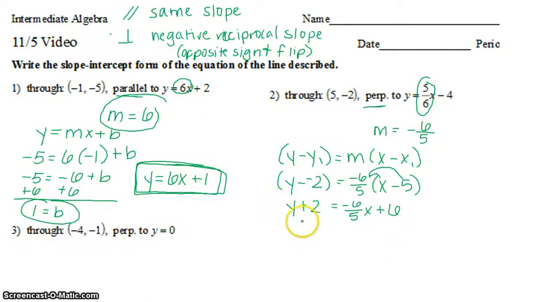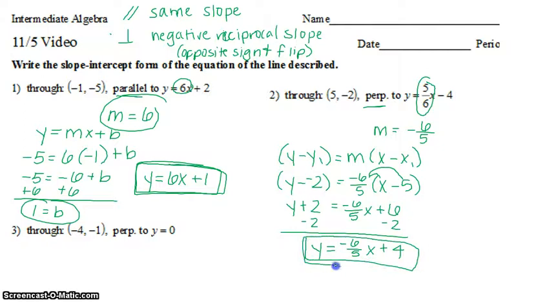Trying to get the y by itself, so I subtract 2 from both sides. I'm going to have y equals negative 6/5 x plus 4. And there is my final answer. Do make sure when you are doing perpendicular lines and you figure out what that slope should be, you use that slope in your problem.